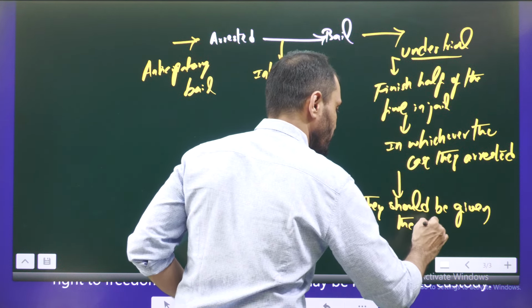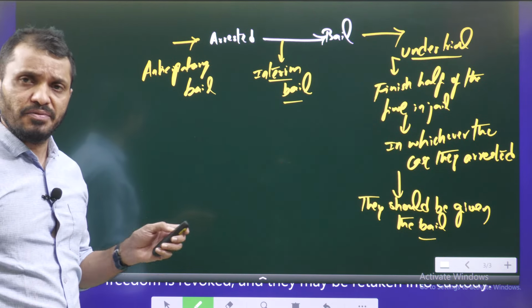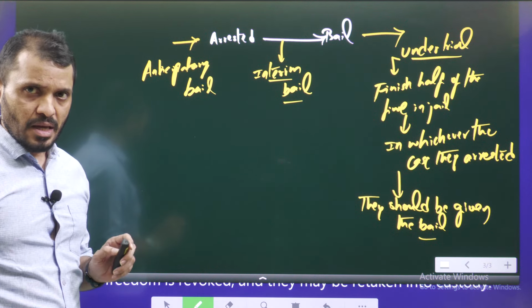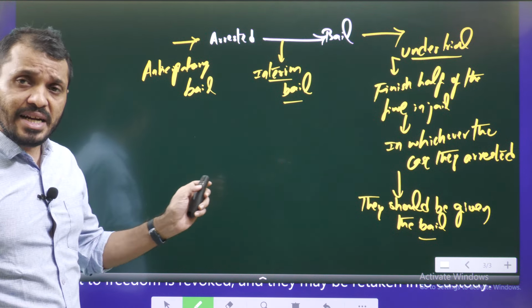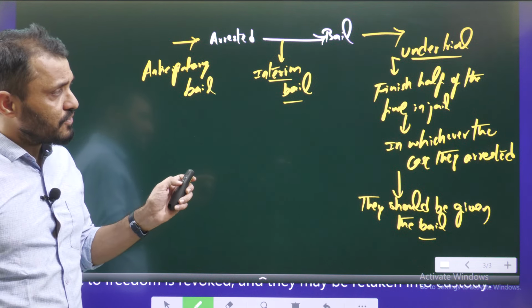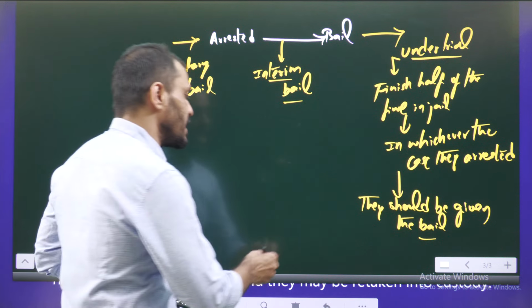Very, very important. What does it mean? For example, a person is arrested for a crime, and for that crime the person will get 6 months of punishment. And in this case, he has already spent 3 months in jail and is still not proven guilty. In this kind of condition, he will be released automatically. That is known as default bail.